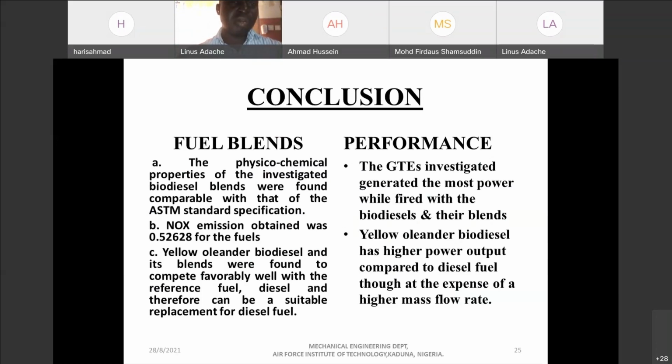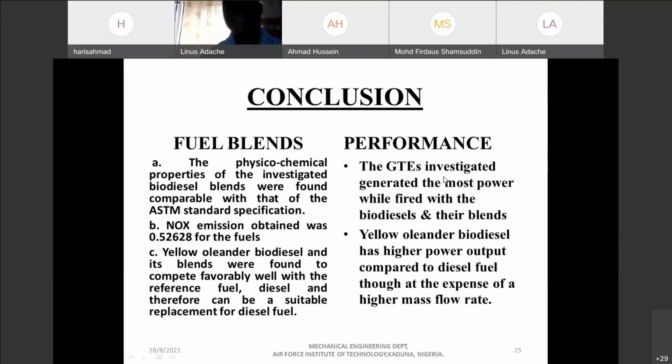The NOx emission obtained was 0.2628 for all the fuels. Lastly, yellow oleander biodiesel and its blends were found to compete favorably with the reference fuel, diesel. Therefore, it can be a suitable replacement for diesel fuel.